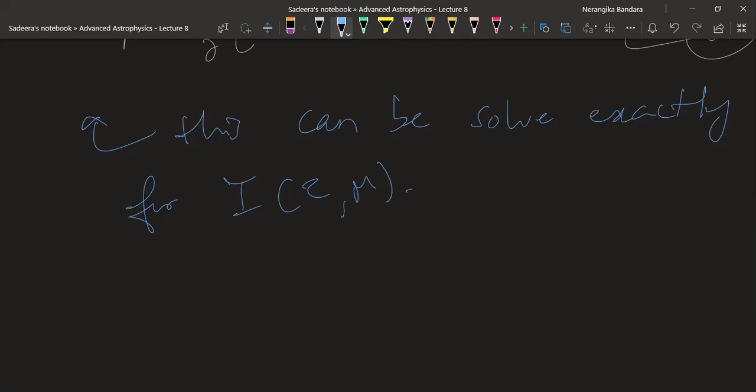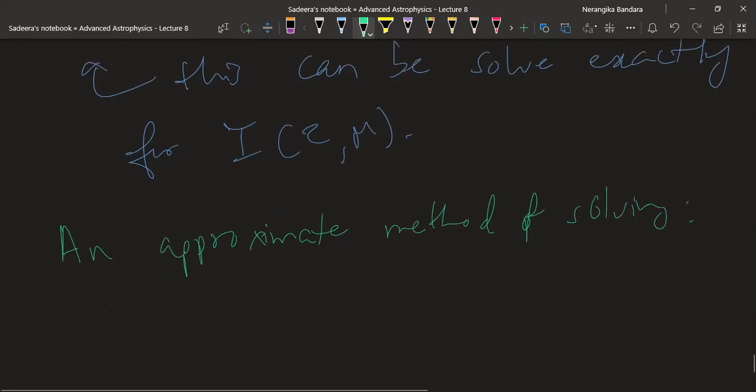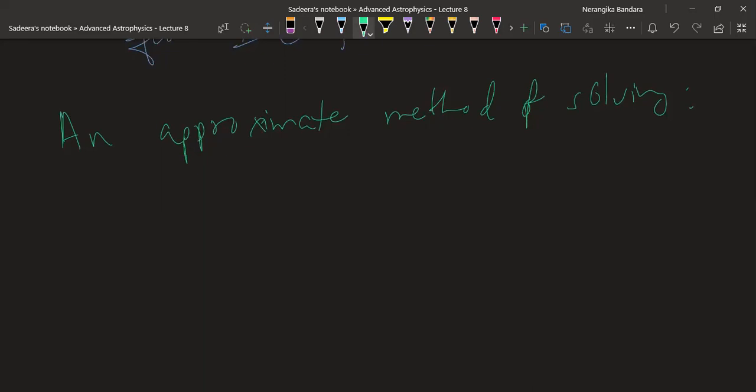Instead, we're just going to discuss an approximate method for solving this equation for I. This is a much simpler way of solving it.